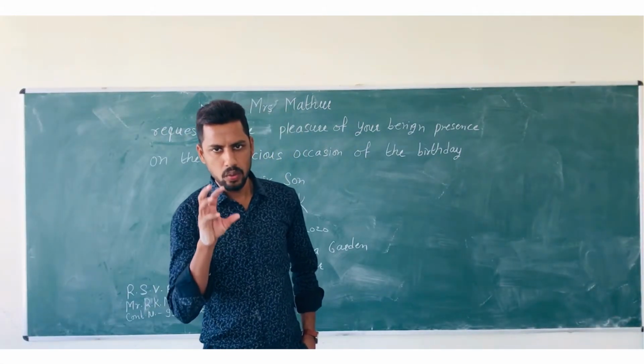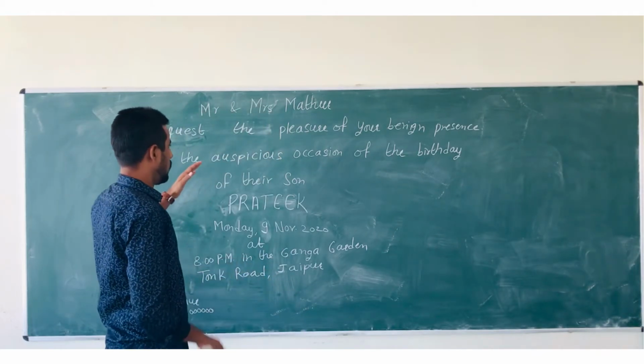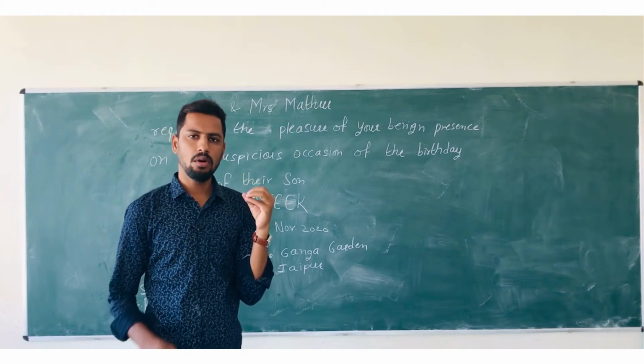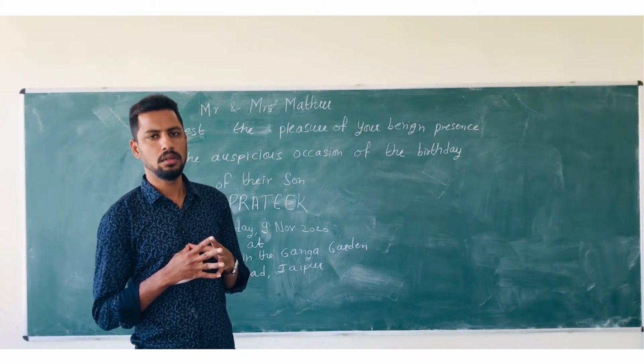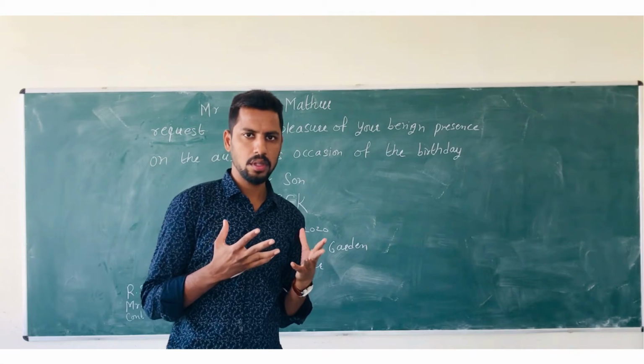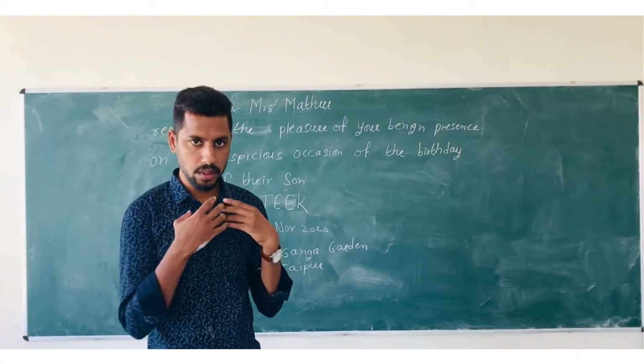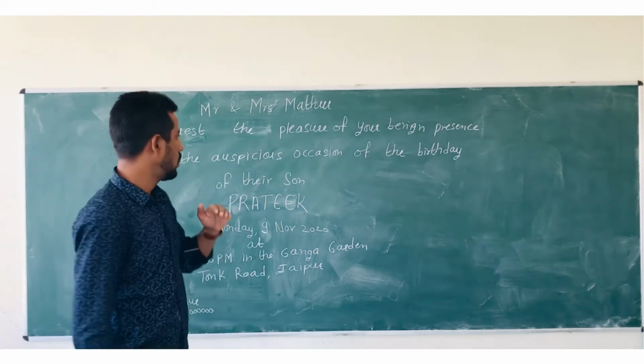And let me clear one doubt. If in your question the name of the receiver is also given, you can include the name of the receiver or the person you are inviting here.